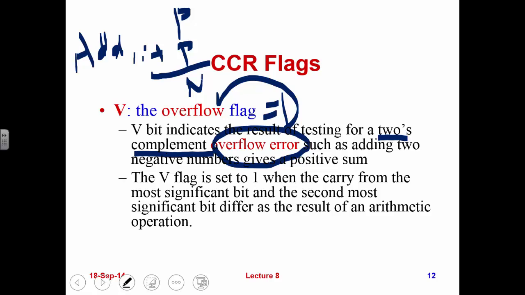When you add a negative number with another negative number, N here means a negative number. Let's call them P1 and P2. P1 means one positive number. You add it with another positive number. If your result is negative, then this will cause overflow V to 1.